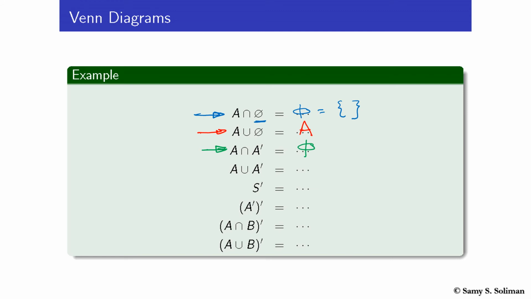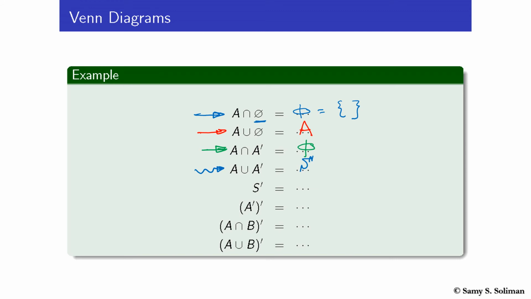But their union is the set of all possible elements, those in A and not in A but in S. So their union is the entire sample space.